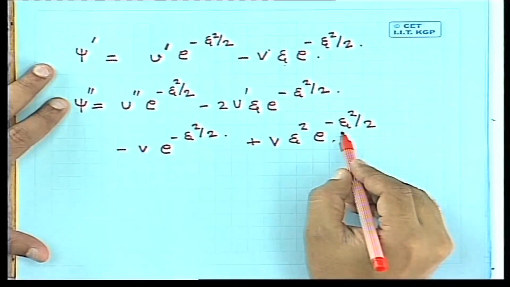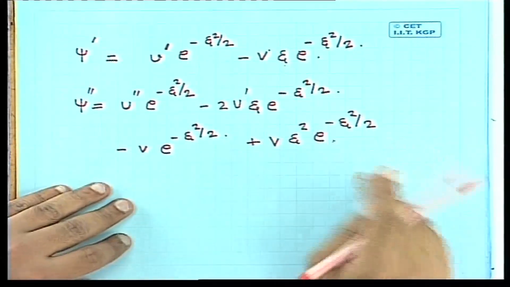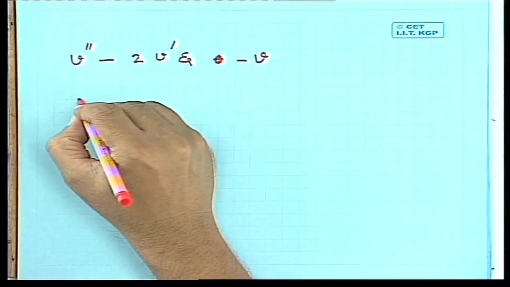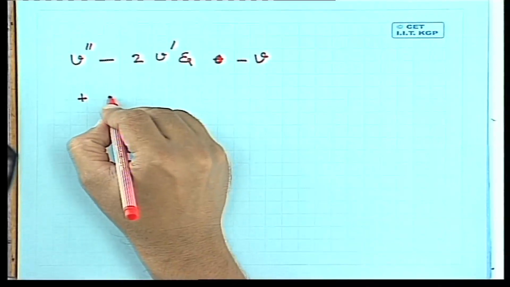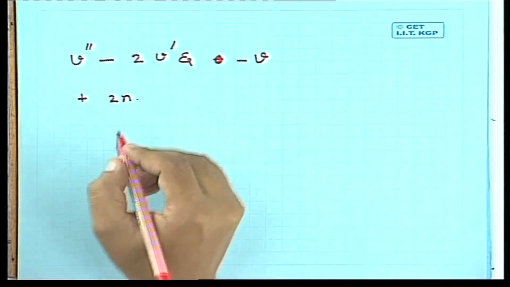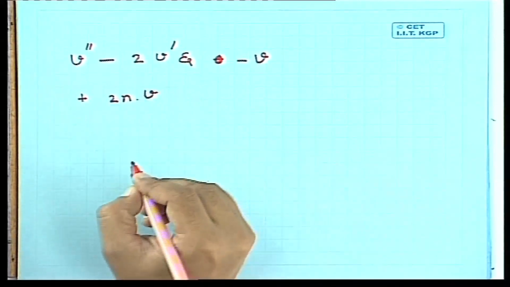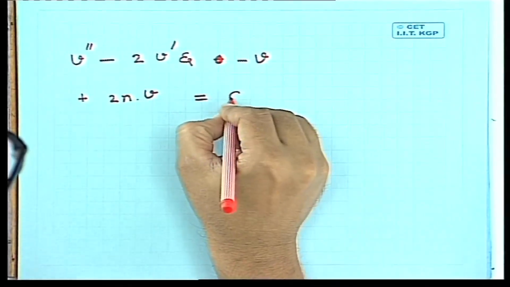I already told you that this will cancel out with one of the terms which was there in the Schrodinger equation. So this, and then we have plus 2n v is equal to 0.